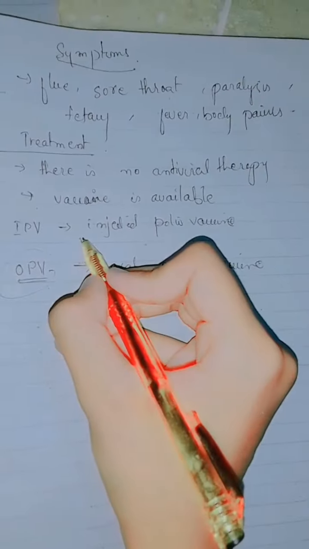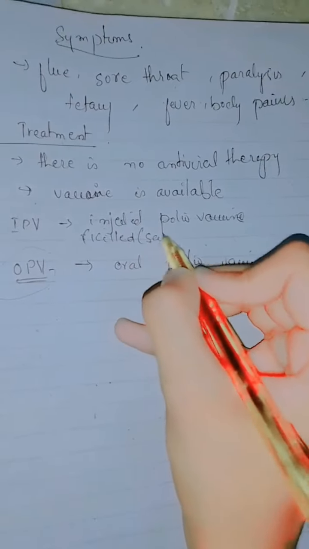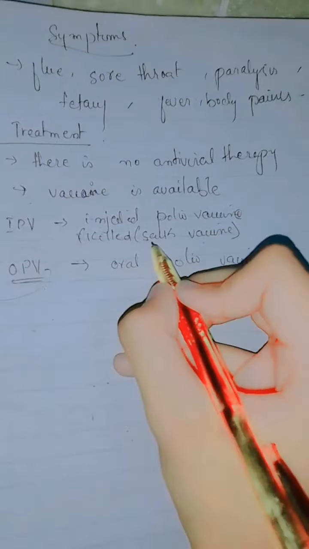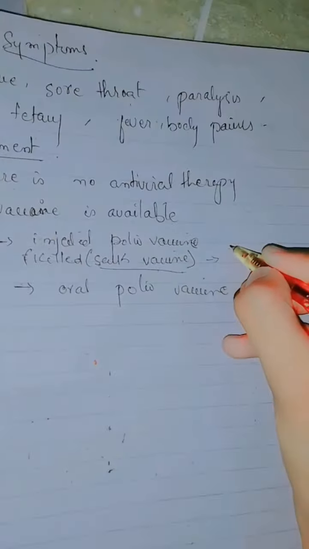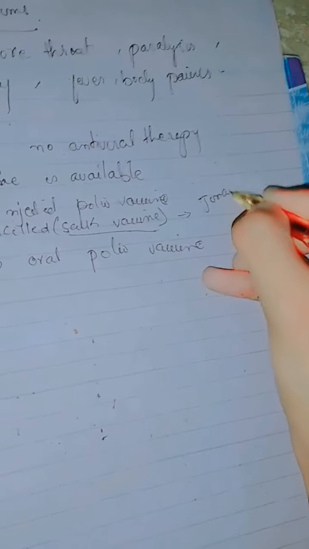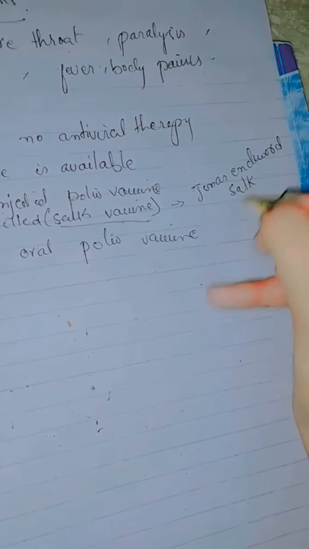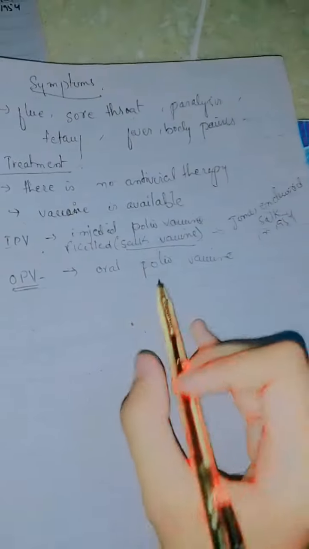The IPV vaccine, the injected polio vaccine, is also known as the killed Salk vaccine. Why is it named Salk vaccine? Because there was a scientist named Jonas Edward Salk. In 1954, he discovered this IPV vaccine and named it the Salk vaccine.